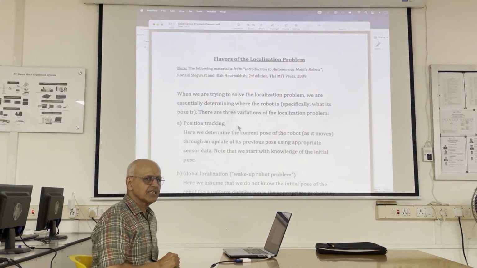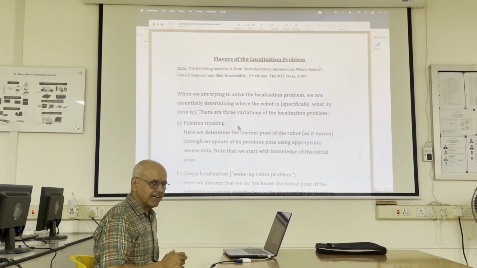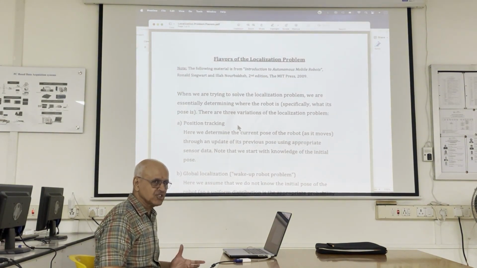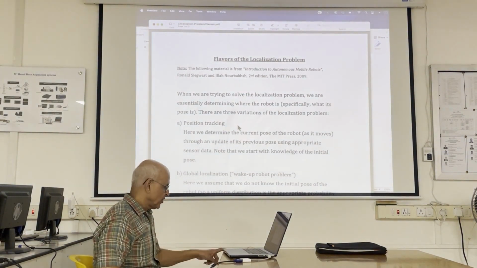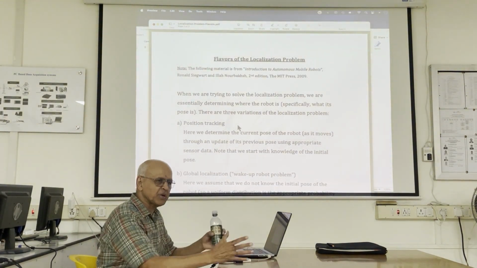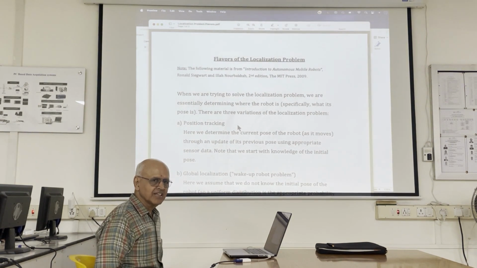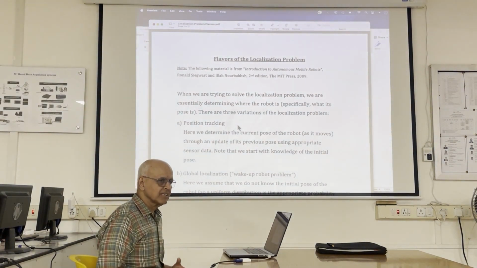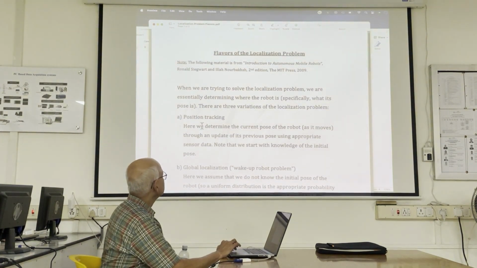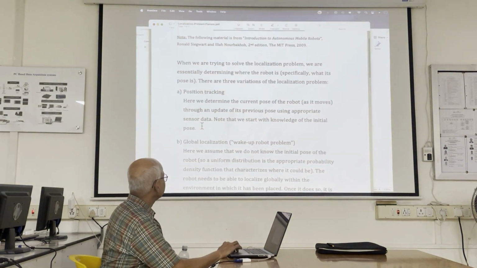That organization is important. It's present in other areas also, like history. They don't teach European history and then come back to Indian history and then go to South American history, right? You have different courses for the different histories. So information needs to be organized. And this is in that category, because the localization problem actually has 3 variations.